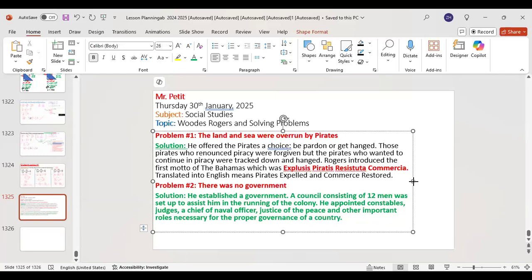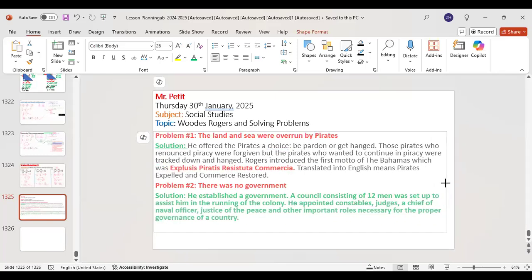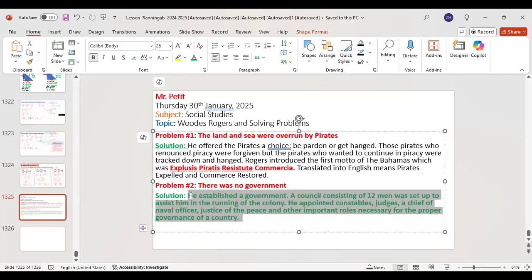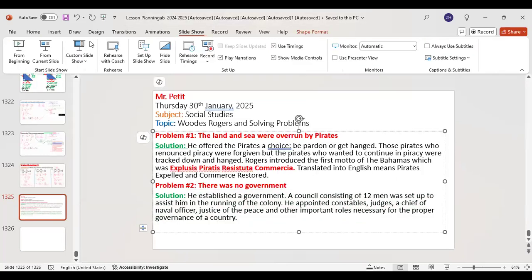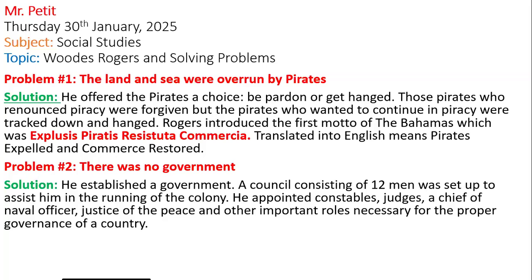To establish a government, a council consisting of 12 men was set up to assist him in the running of the colony. He appointed constables, judges, a chief naval officer, justice of the peace, and other important rules necessary for the proper governance of a country, because there was no government. So he basically established a government.